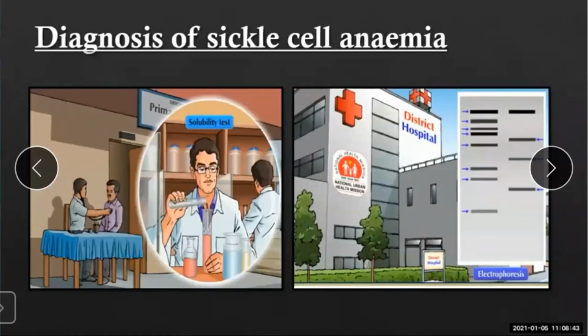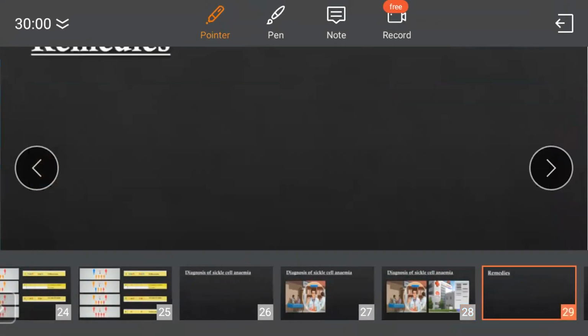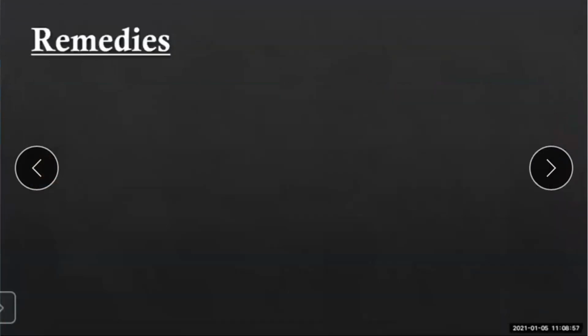Yes. Now, what are the remedies? How can we cure it? What should we do for this? What are the remedies for sickle cell anemia? As we know, this disease spreads in only one way, that is reproduction. Hence, husband and wife should get their blood examined either before marriage or after it.